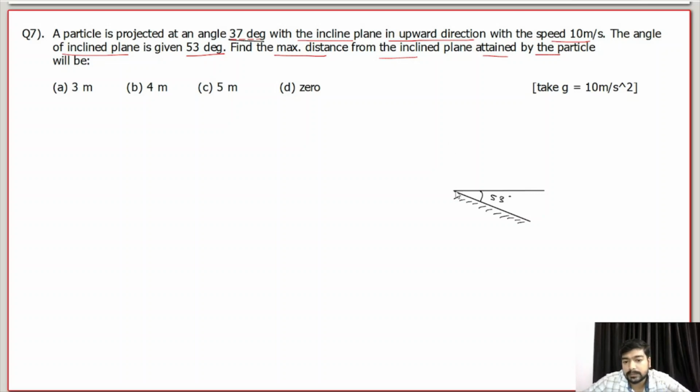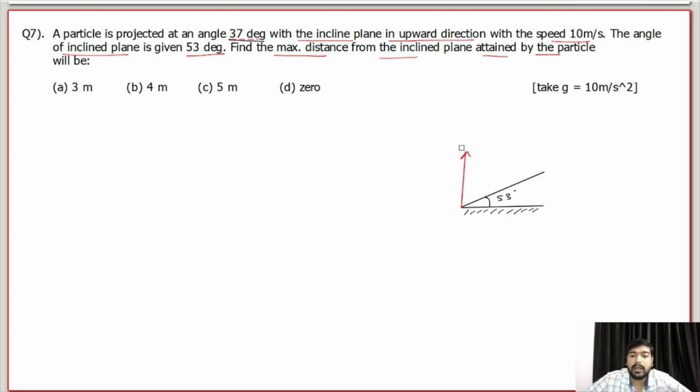Let's draw this. Okay, so in this direction the particle is being thrown, right? Now let me move it to the original position. That means this should be 90 degree.